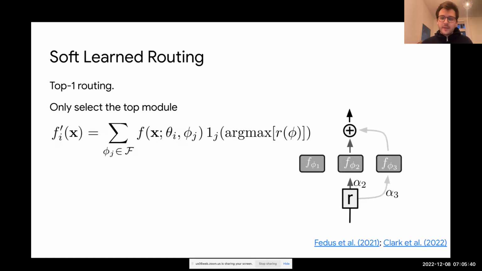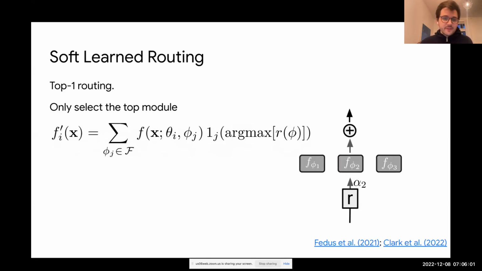And yeah, this simplifies the scenario even more. Basically, only a single module is selected, and this is an approximation of the categorical selection or hard selection of the modules.